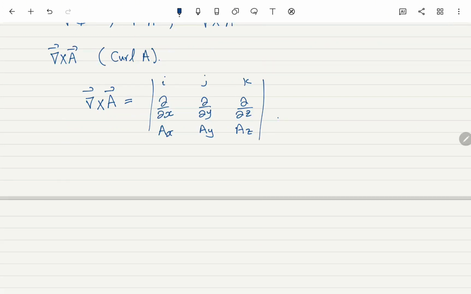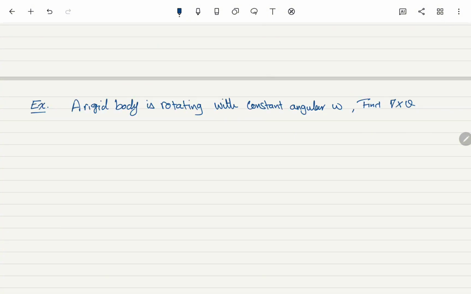Let's have an example. A rigid body is rotating with constant angular velocity, which is omega in this case. Find curl v. Let's find v, which is equal to omega cross r, and let's open the determinant: i j k, omega x omega y omega z, x y z.